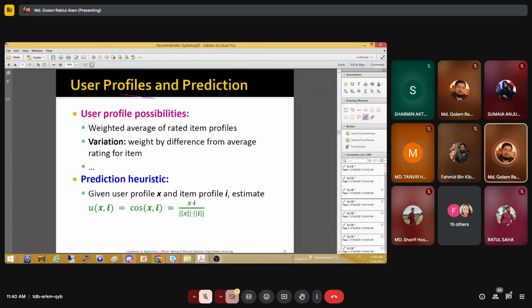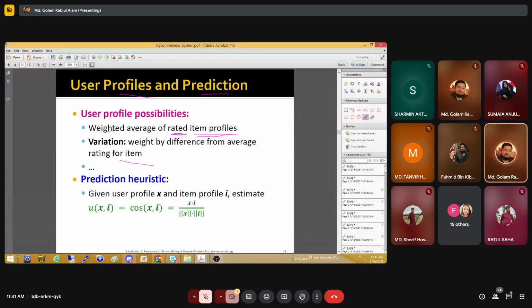Now, user profiles and predictions. For the user profile, the possibility is the weighted average of rated item profiles. Here the variation is to weight by the difference from the average rating for items.